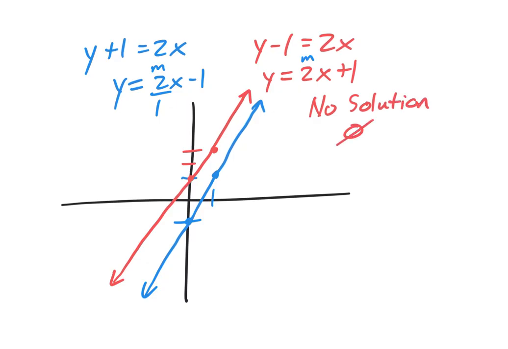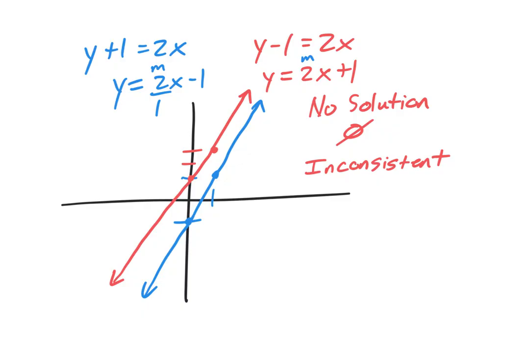You could use the symbol. It's just a 0 with a slash through it. No solution. And the type of system is inconsistent. Okay. Inconsistent, if you break down the word, the prefix "in" means not, so this just means not consistent.